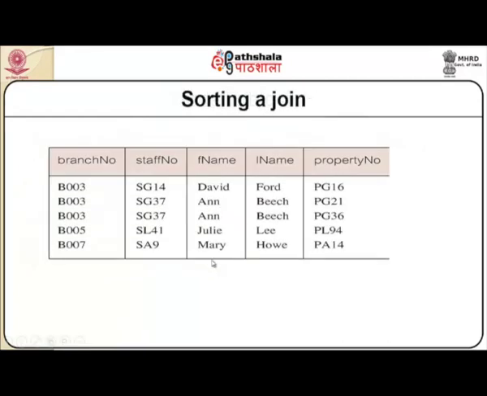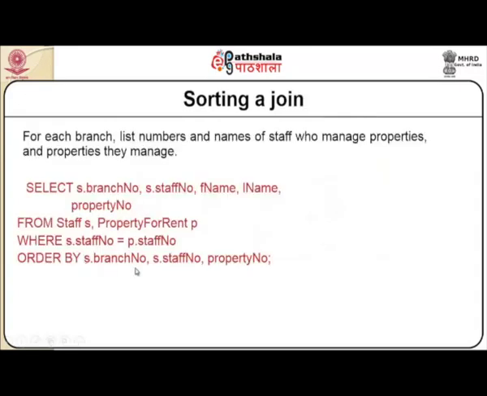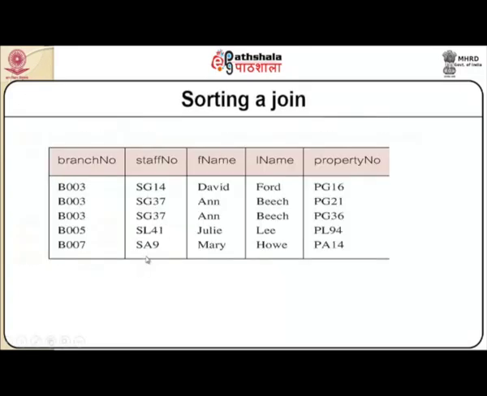It tries to list in terms of branch number, staff number, first name, last name, property number, and it orders it by S.branch number, S.staff number and property number. So this is how it has been listed.